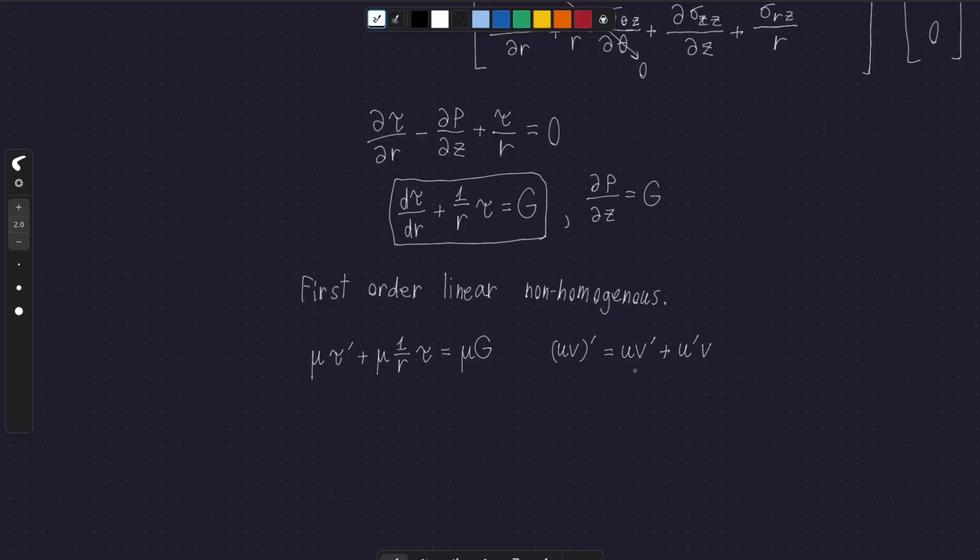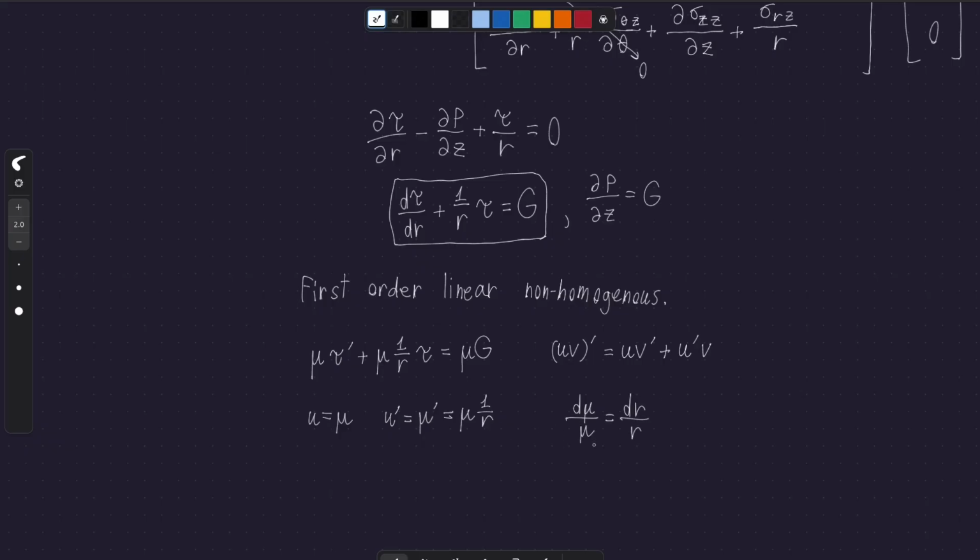And in this case, we would have that u is mu and v is tau. Knowing this, we see that u is mu and u prime, which is also mu prime, is 1 over r times mu. So now we have a little differential equation which we can simplify.